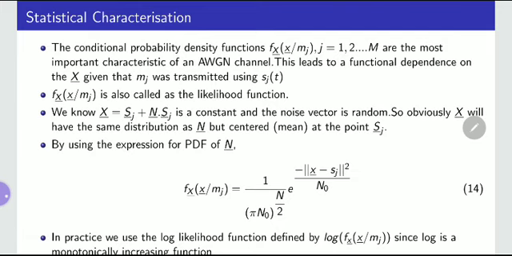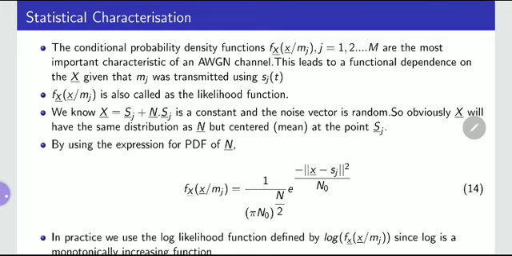We have sent mj. What is the probability that we have received a particular signal or particular vector x, received vector x? So here I will use signal and vector interchangeably. So both are same. A signal is converted to a vector using the signal space concepts.